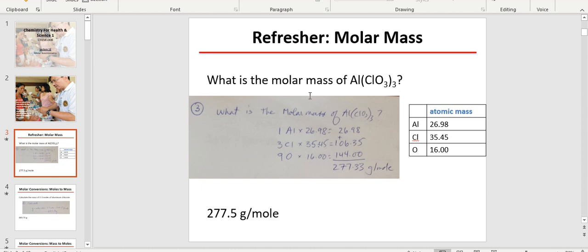In mathematics there are 3 or 4 different ways to answer a question, and what we've got here is what I think is the best way to do it.